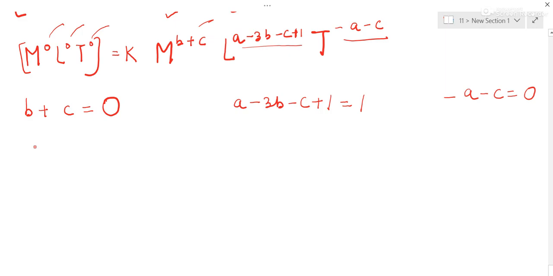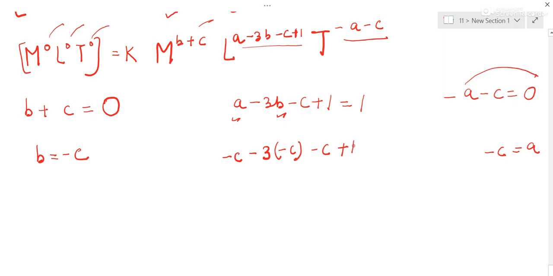So from here we see that B is minus C, and A is also minus C. So we'll substitute here. A is minus C, minus 3 times B, which is also minus C, plus 1 is equal to 0. This was 0. I've written 1 by mistake. L power was 0. Okay, so minus C plus 3C minus C plus 1 is equal to 0.